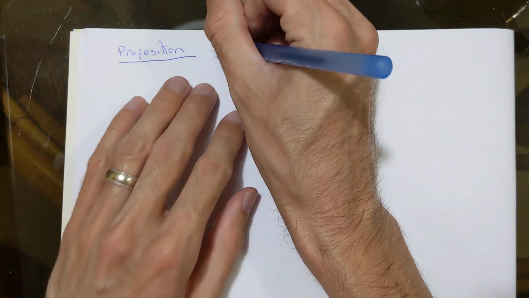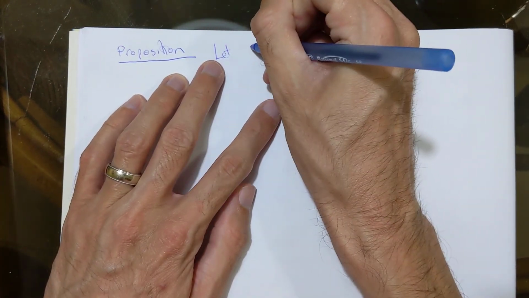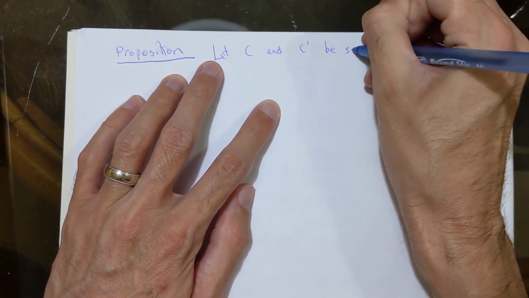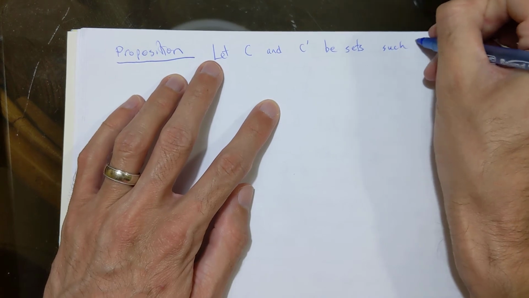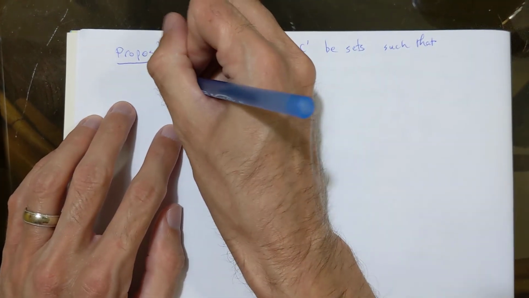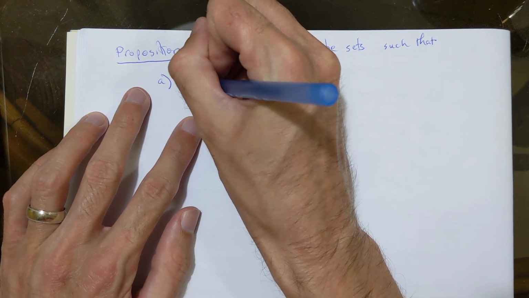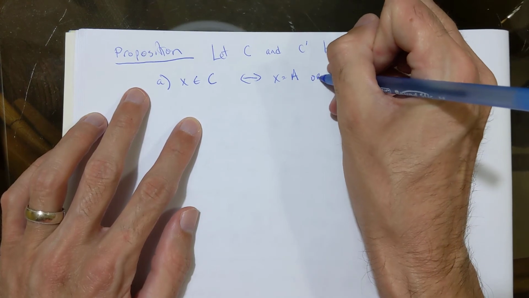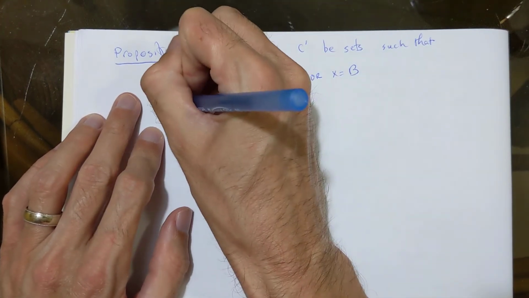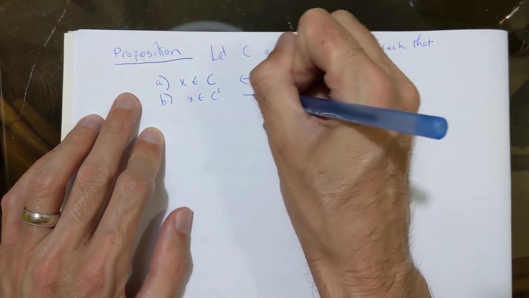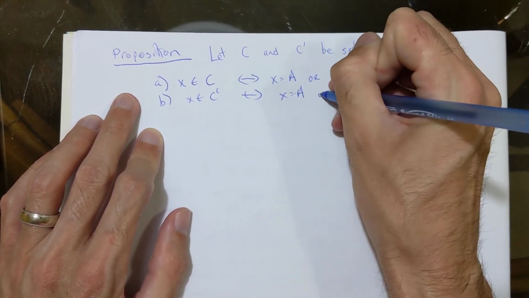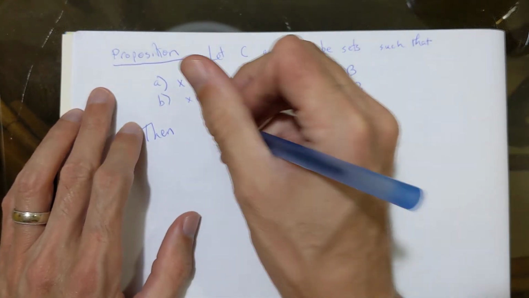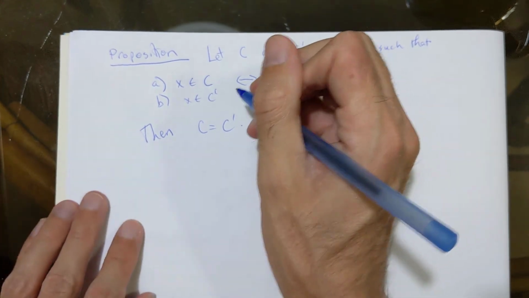So basically, let C and C prime be sets such that (a) X is in C if and only if X equals A or X equals B, and (b) X is in C prime if and only if X equals A or X equals B. Then C equals C prime.